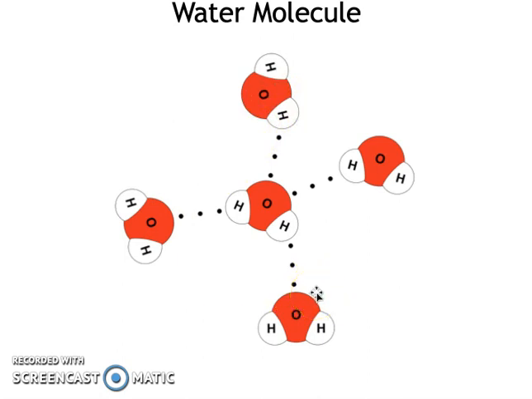And when energy is added, that energy is not added to increase the movement or vibration of each individual water molecule, but instead the energy is used to sever or break the hydrogen bonds.